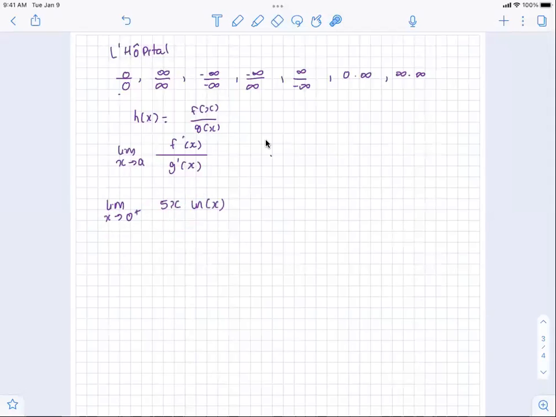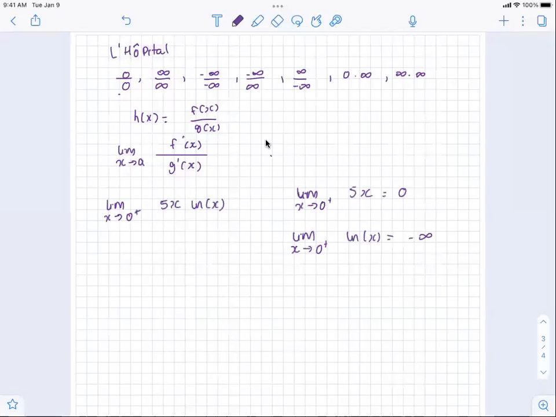So let's see, if I do direct substitution, then I have the limit as x approaches 0 from the right-hand side of 5x, which is equal to 0, and the limit as x approaches 0 from the right-hand side of natural log of x, which gives us negative infinity, right?